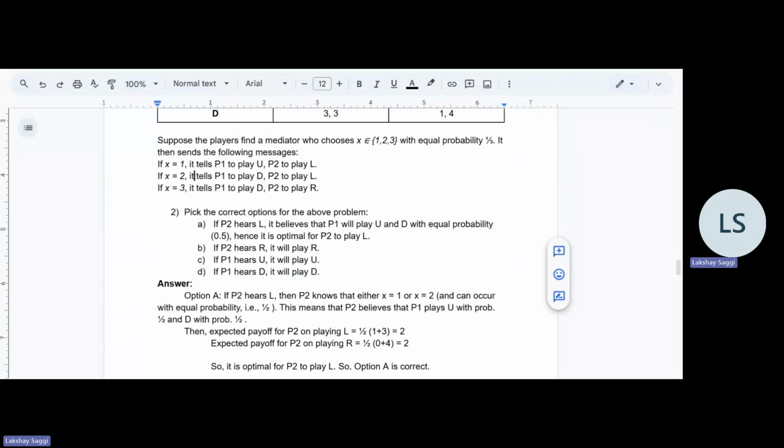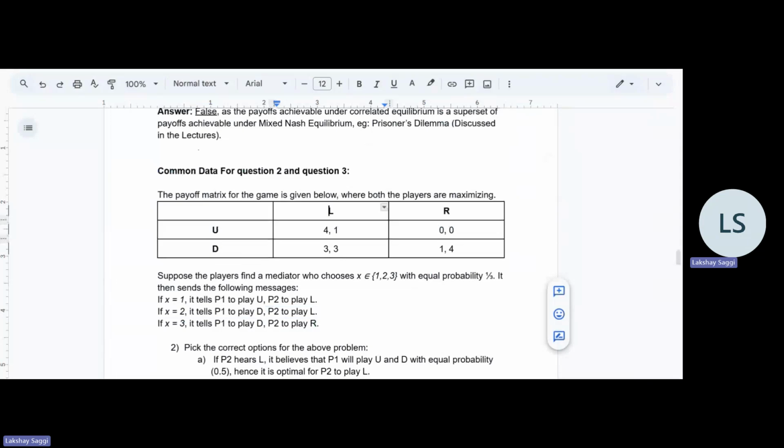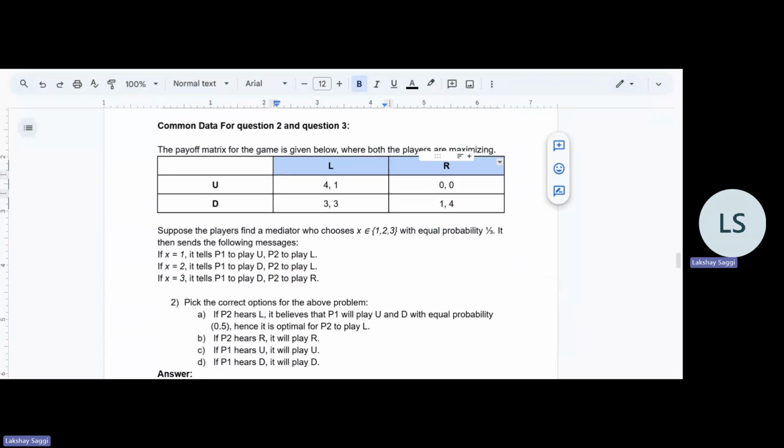So again, if P1 hears D, then it can hear D in these two cases, and both these cases occur with equal probability, like in option A. So P2 will play L with probability half and R with probability half, right? Then what's the optimal strategy for P1 to play between U and D? Let's see. If P1 plays U, what's the payoff for P1?